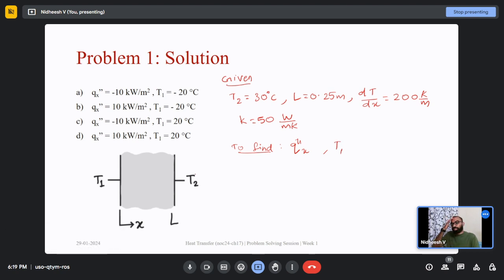As someone rightly pointed out, we can use Fourier's law of conduction, which states that the heat flux in the x direction equals minus K into dT by dx, right? Remember that since I am talking about flux, this is per unit area. I don't have to include the area term again. So we can directly compute. Do we have all the values?